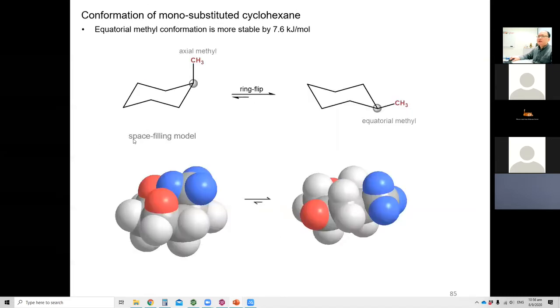Using this space-filling model, in which all the atoms are shown in their real size, you can see this methyl group is really close to the hydrogen on this carbon and the hydrogen on this carbon, which are in the axial positions. And the equatorial methyl conformation is more stable by 7.6 kilojoule per mole.